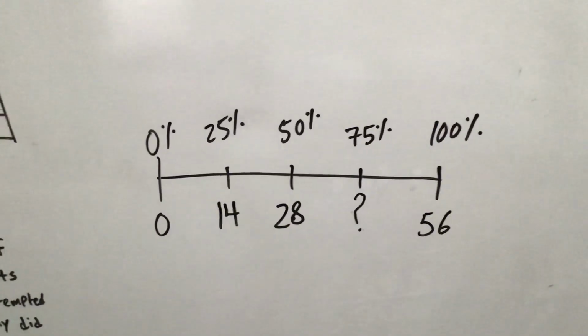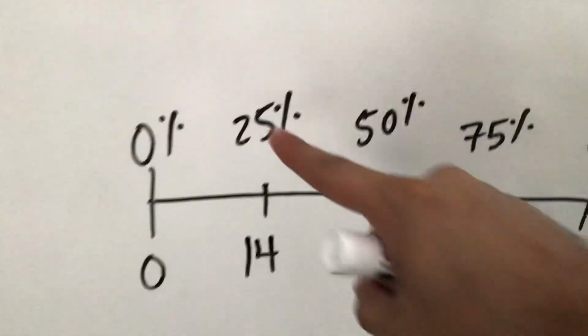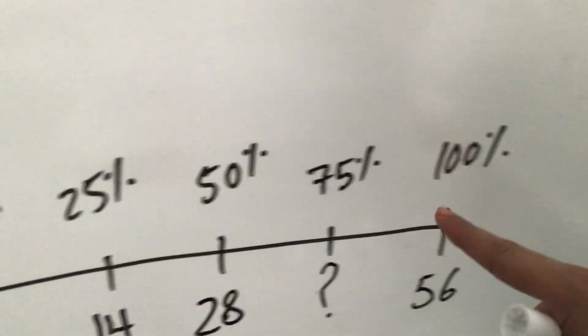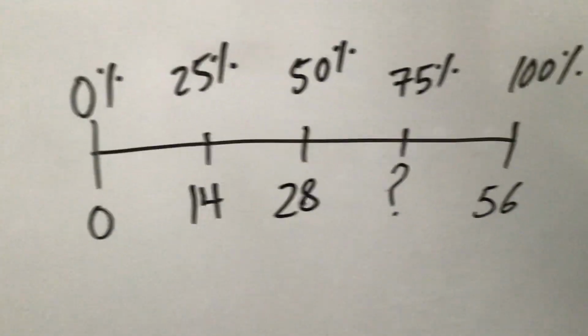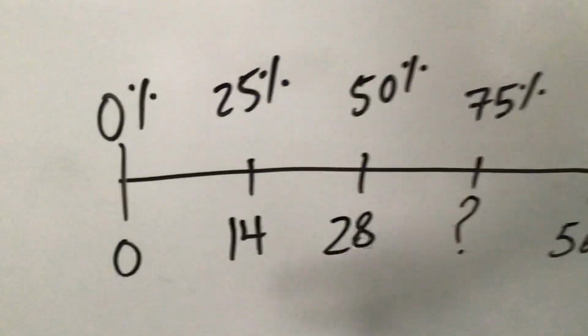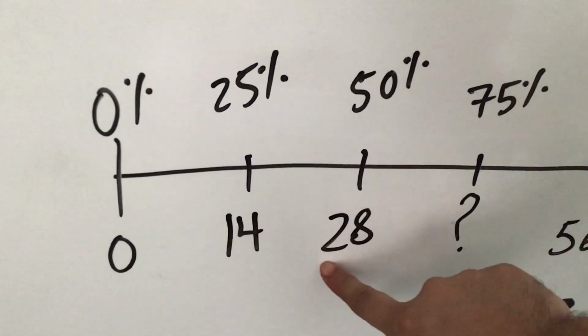Now, this was made into a pattern, and everything seems to get easier now. 25%, 50, 75, 100%. So they're going by 25%. If we go to the bottom, we follow the same thing. From 0 to 14, the gap is 14. From 14 to 28, it's another 14.